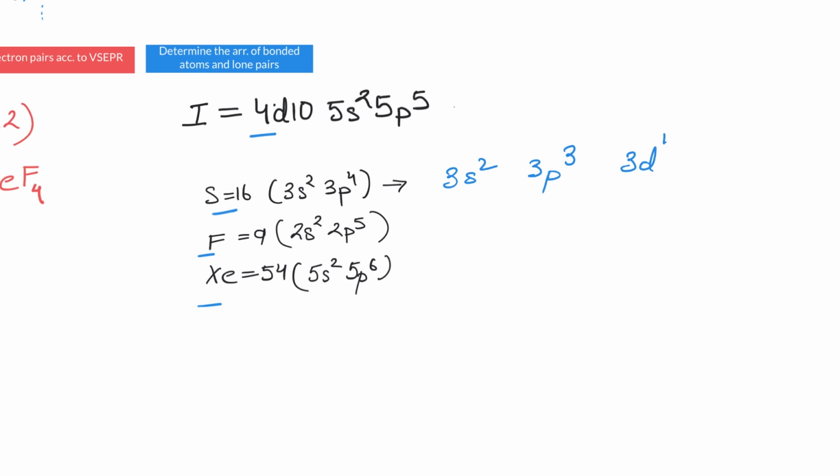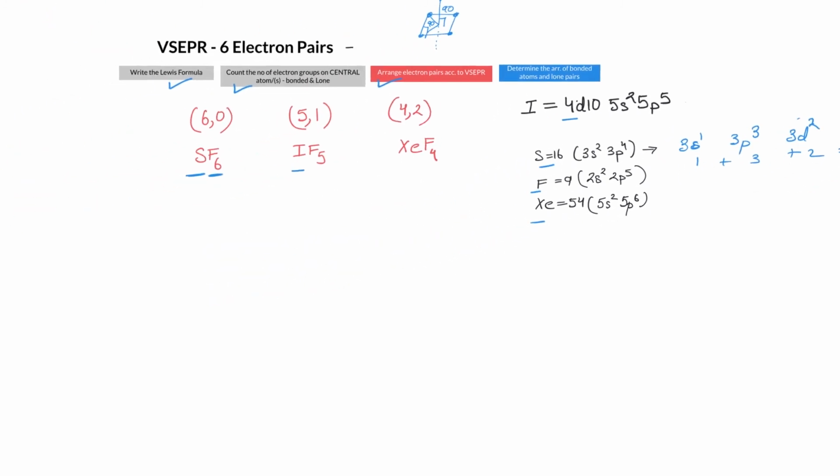So what we can do is instead promote this little guy there as well, right? So let's do that. Okay, so we have 3s1, 3p3, 3d2, right? So what you can see, 1 plus 3 plus 2, that equals the valency of 6, right?